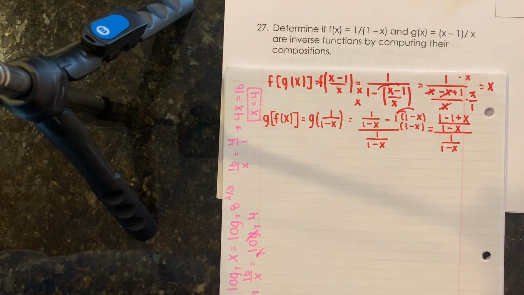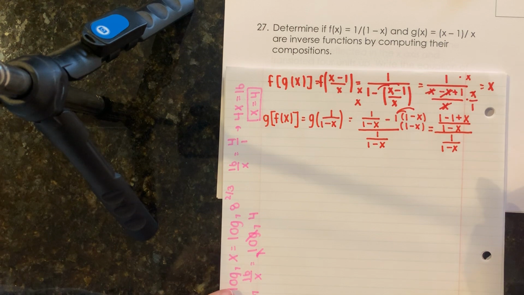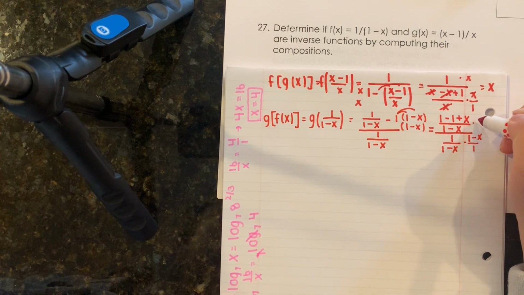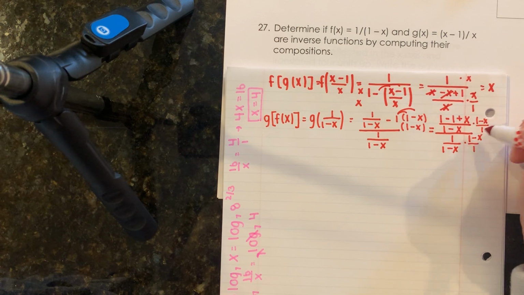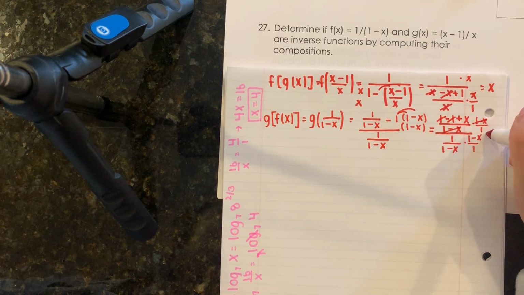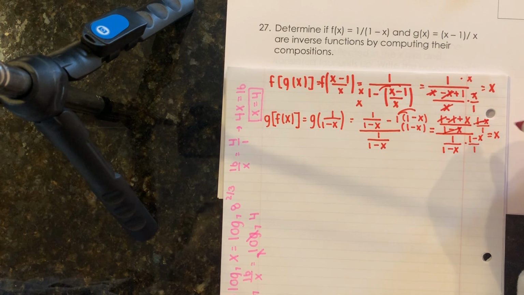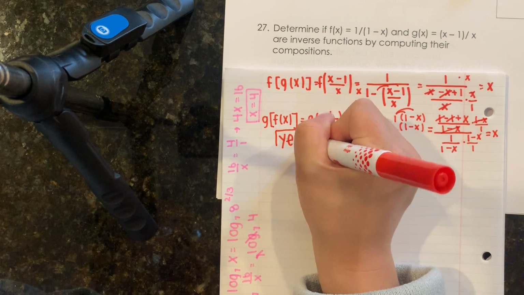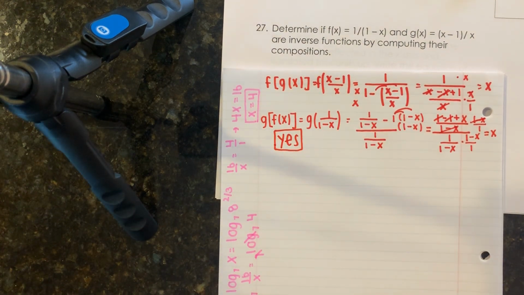Now to get rid of the complex fraction, just like on the last one, you multiply by the reciprocal of 1 minus x over 1. And that would cancel, as well as my 1 and negative 1, so I am just left with x. Since they're both equal to x, your answer is going to be yes, they are inverse functions, and that's number 26.